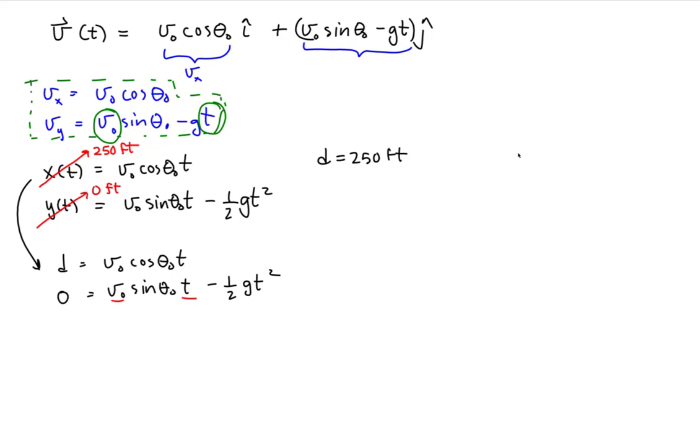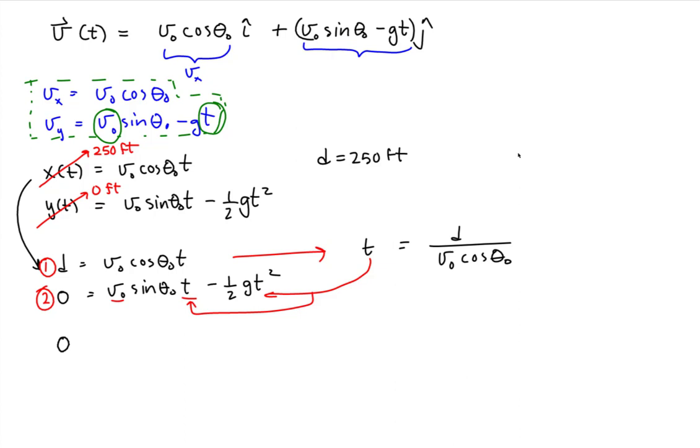Since we want to find our initial speed v naught, let's take this first equation, solve t in terms of v naught, and plug it into the second equation. So in doing that, we would get t equals d over v naught cosine of theta naught. Now that we know t, let's plug into our second equation.